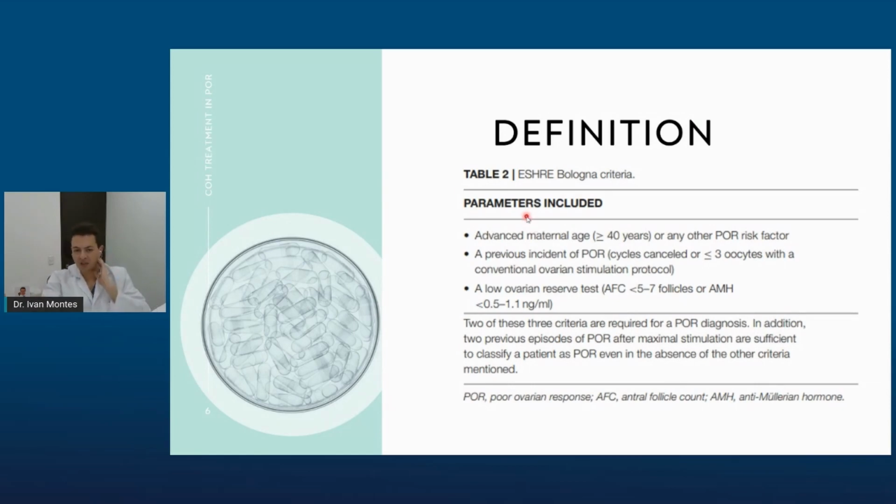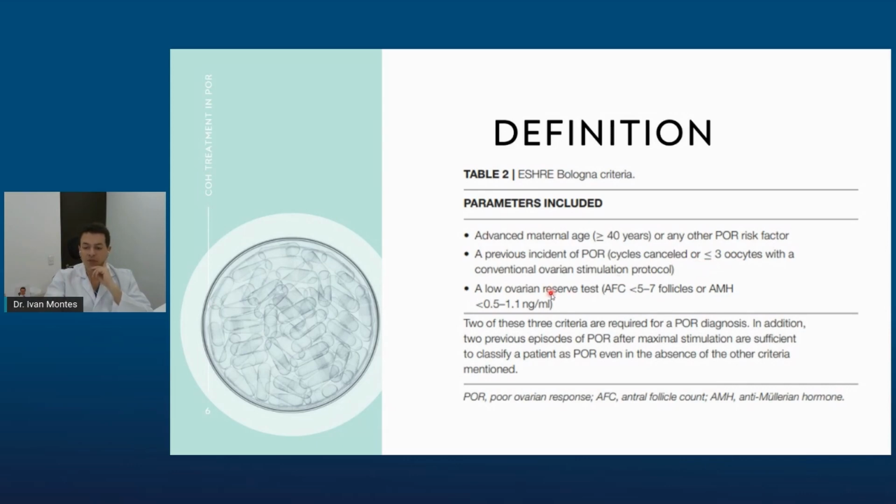Advanced maternal age, above 40 years old, a previous episode of poor ovarian response, like cycles cancelled, or less than 3 oocytes with a conventional ovarian stimulation protocol, or a low ovarian reserve test, the antral follicle count being less than 5 to 7 follicles, or anti-Müllerian hormone less than 0.5 to 1.1. Two of these three criteria are required for a poor responder diagnosis.